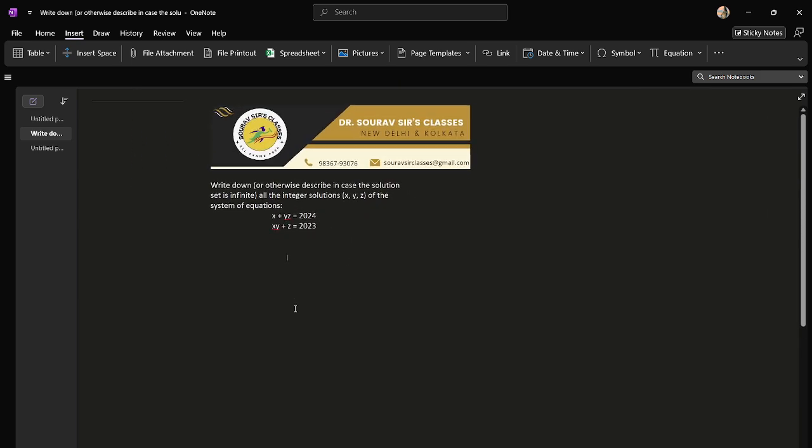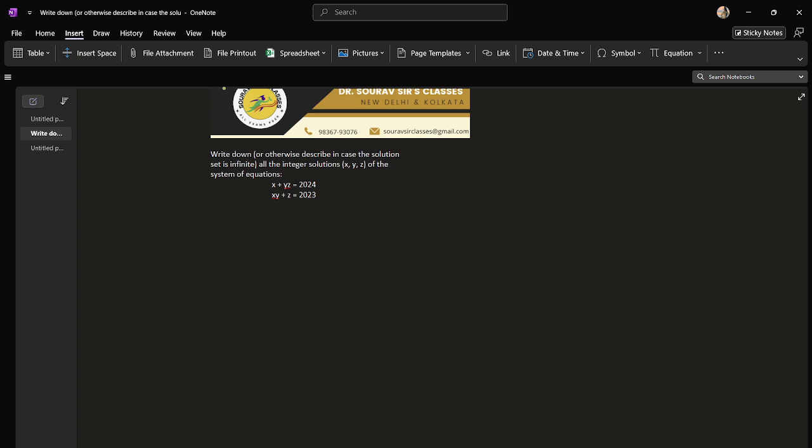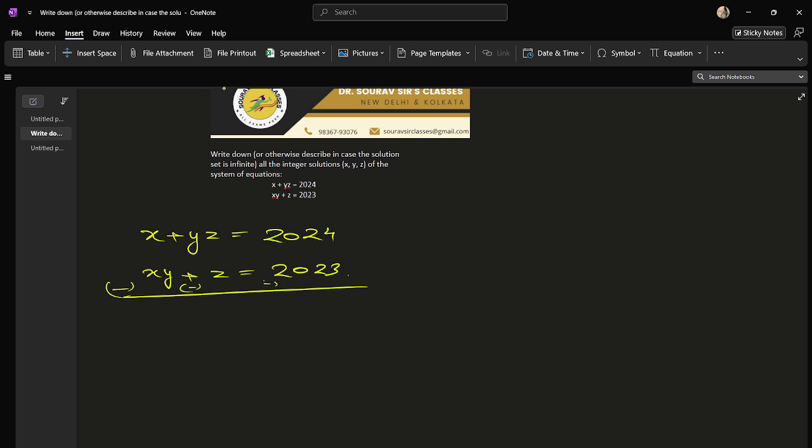So what can be done with this? Our system of equations is telling us that this is our first equation and the second equation is this. We can do one thing: if we subtract the second equation from the first equation, we will get x minus xy plus yz minus z equals 2024 minus 2023.